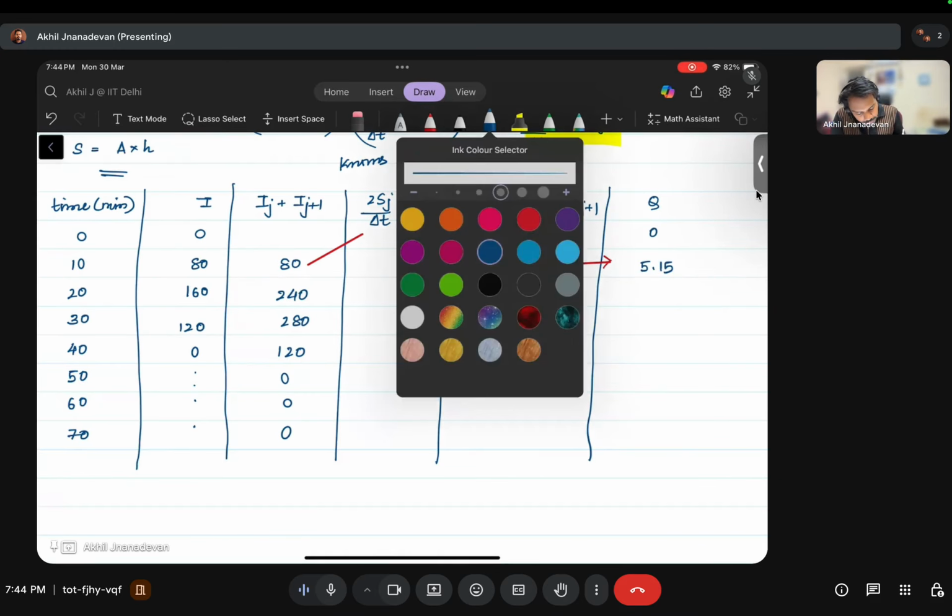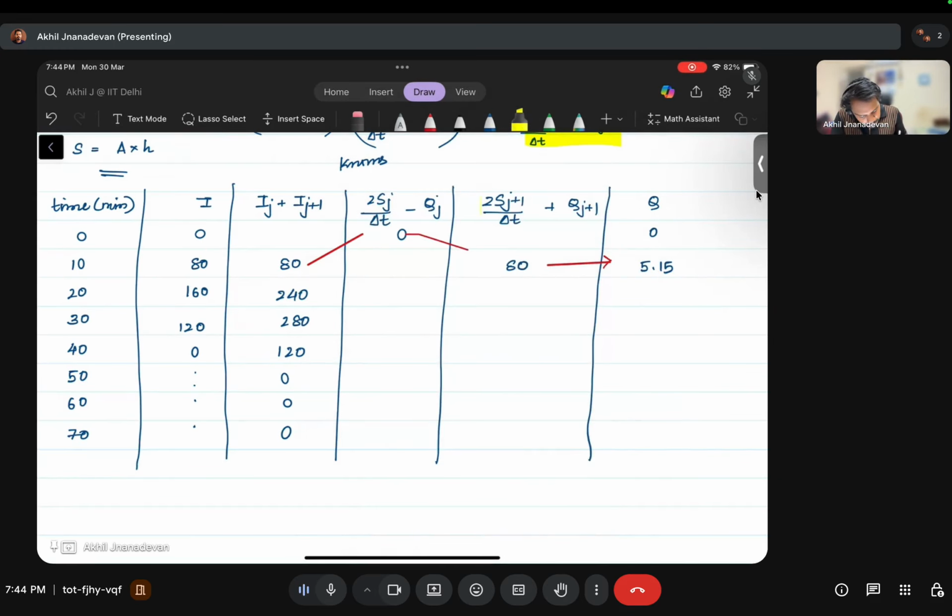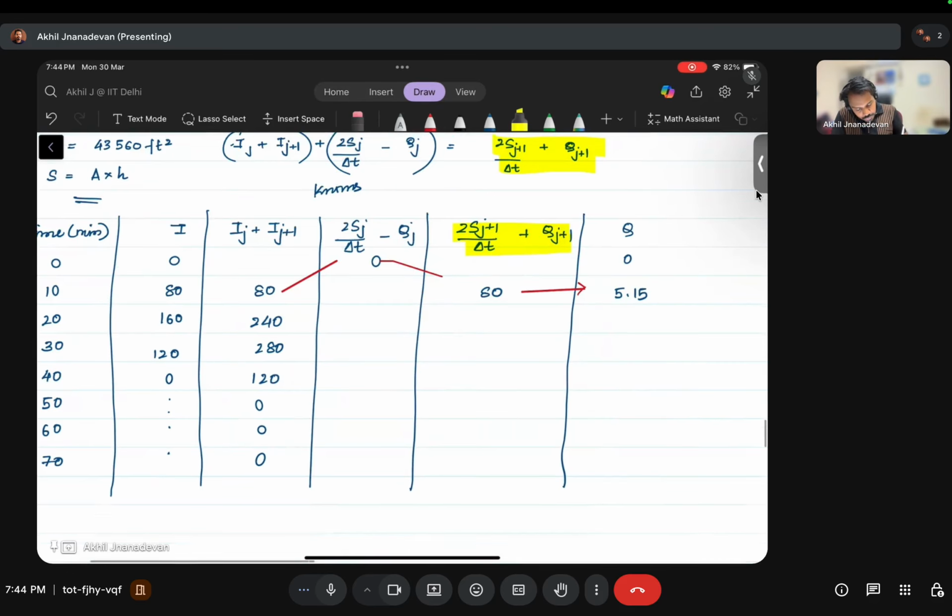So next, if we subtract 2 times Qj+1 from this expression, we'll get the previous column value, right?